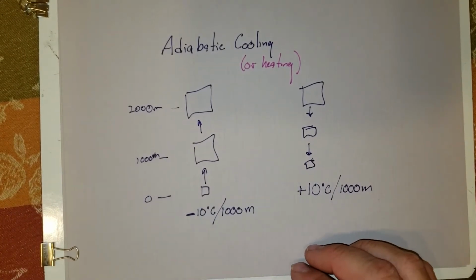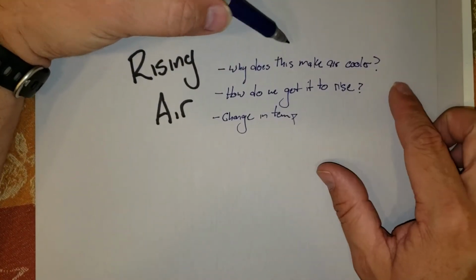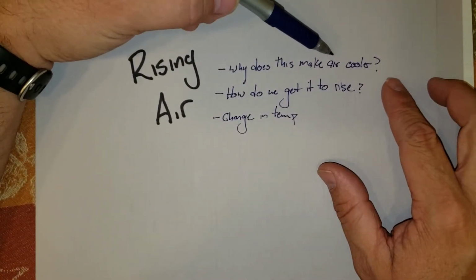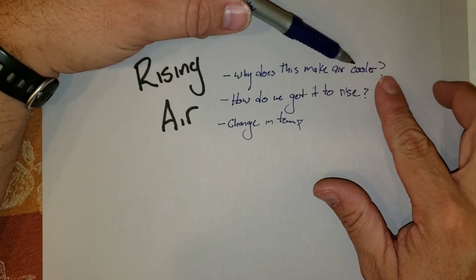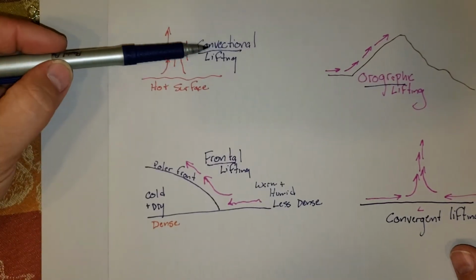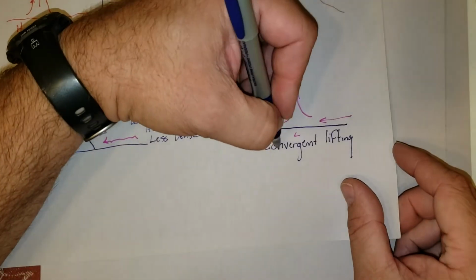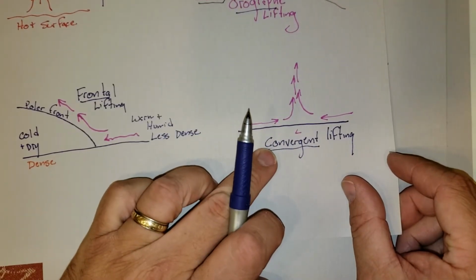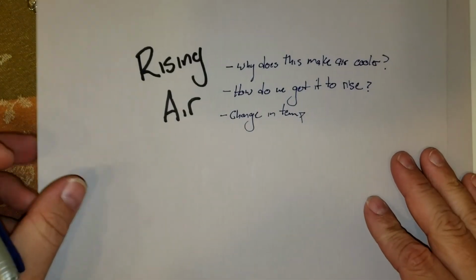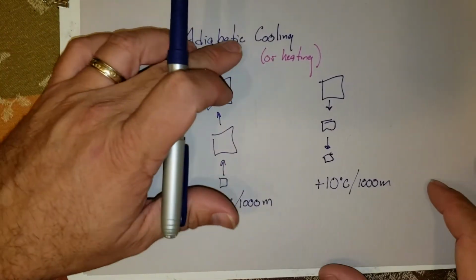So what do we got? We've got rising air. When it rises, it's able to expand. Because it's able to expand, the molecules are bumping less often, and so it gets cooler. We can get it to rise one of 4 different ways: through convectional lifting, orographic lifting, frontal lifting, or convergent lifting. And when that happens, the temperature is going to change at the adiabatic rate.